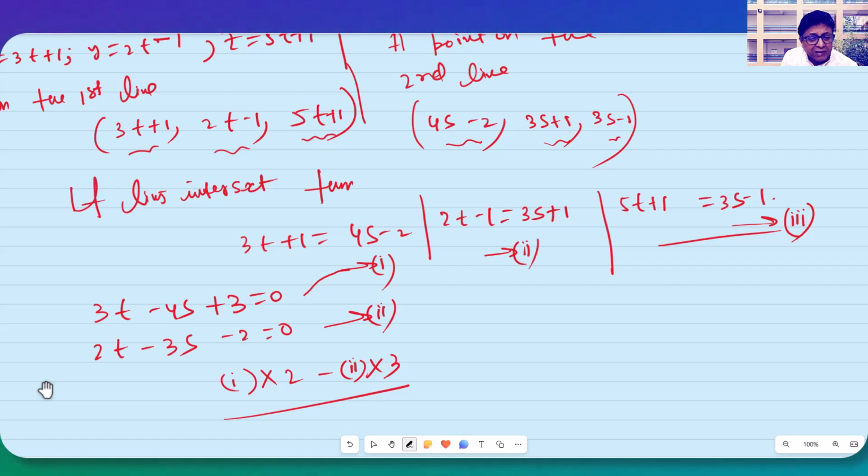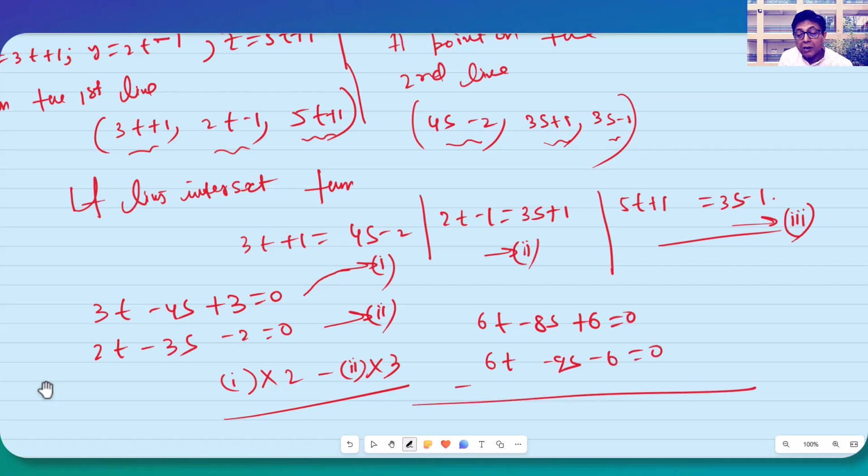Any method. This is 6t minus 8s and this one 6t minus 9s. These two are getting cancelled. So s is going to be what? s is minus 12.